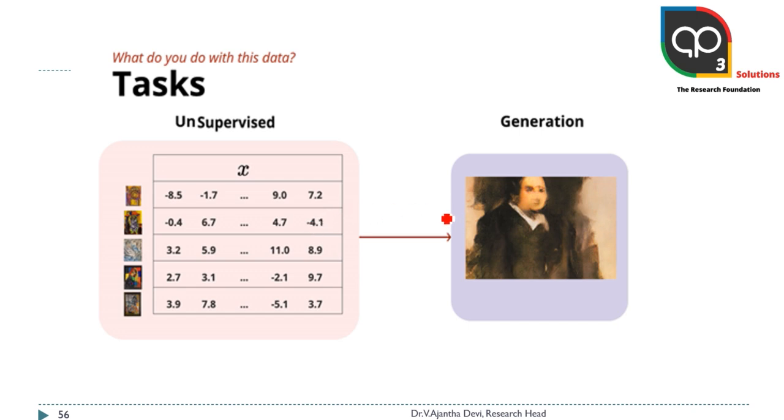You would have heard about this through GANs. So that also comes under generative functionalities, which can generate images inspired by, for example, all the images of a famous painter. That is one task you could do in generation. So with this combination of X's, you are generating a new X.